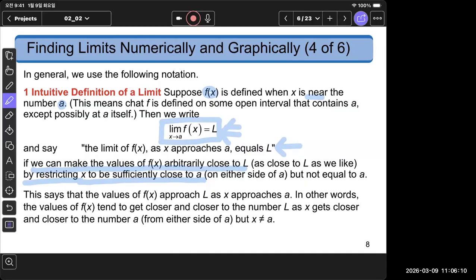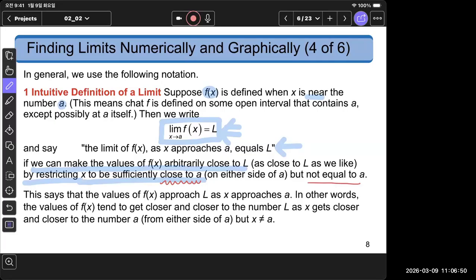Now, in this definition, please note that by restricting x to sufficiently close to a, that means we do not consider the case when x equals a.